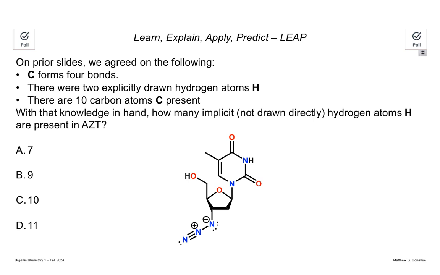So thus far we've agreed that carbon has 4 bonds. There are 2 explicitly drawn hydrogen atoms. There's 10 carbon atoms. With that knowledge in hand, how many implicit, so not drawn, hydrogen atoms are there?